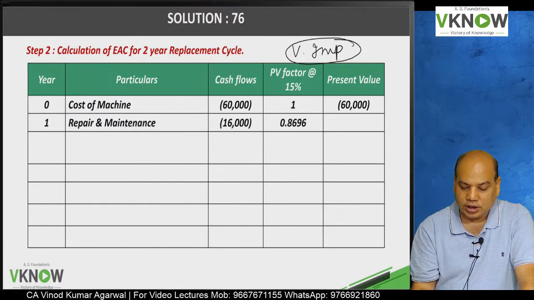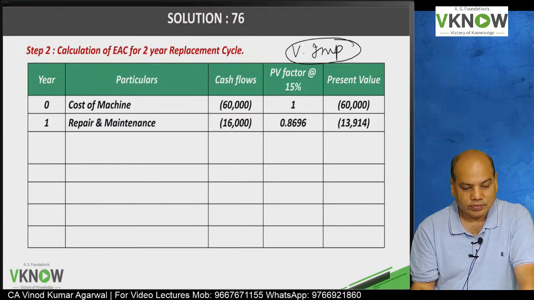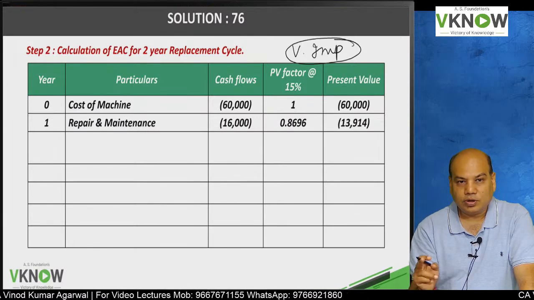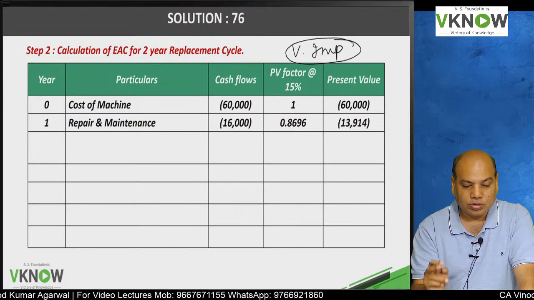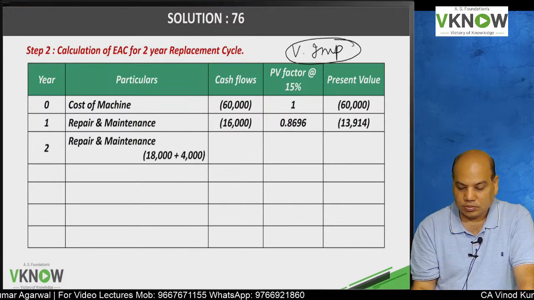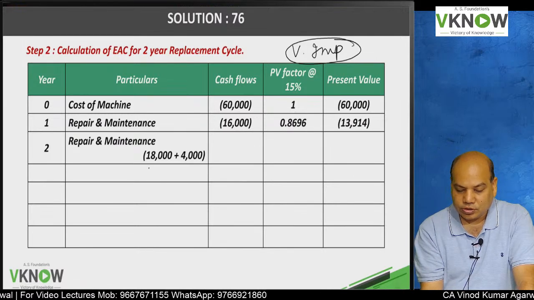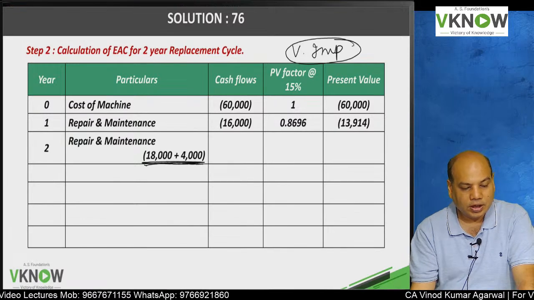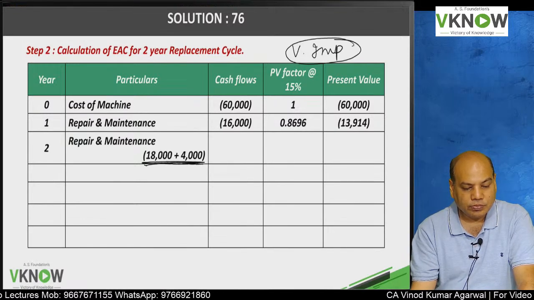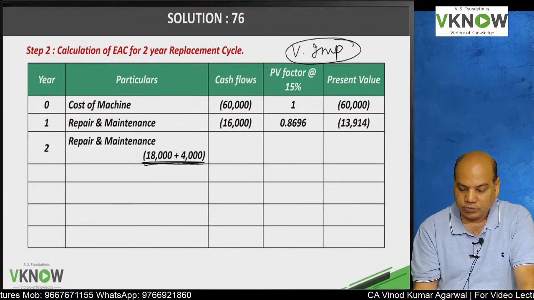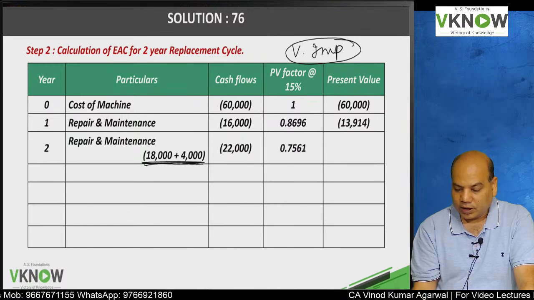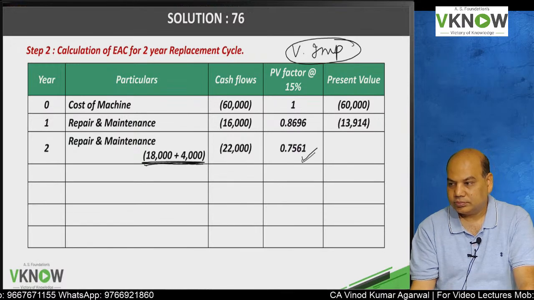Scrap value will be written in the year in which you are going to sell. Year 2 also I am going to incur repair and maintenance cost. You can see in your question 18,000 plus 4,000: 18 is maintenance, 4 is repair. 22,000.